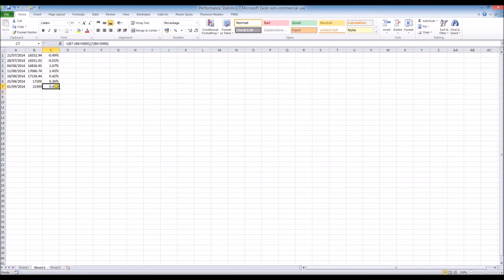That gives us the correct portfolio return figure that isn't upwardly biased like it would be if you just didn't add 5,000 into that equation.